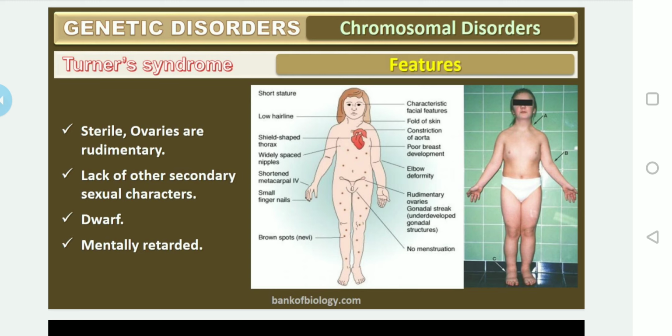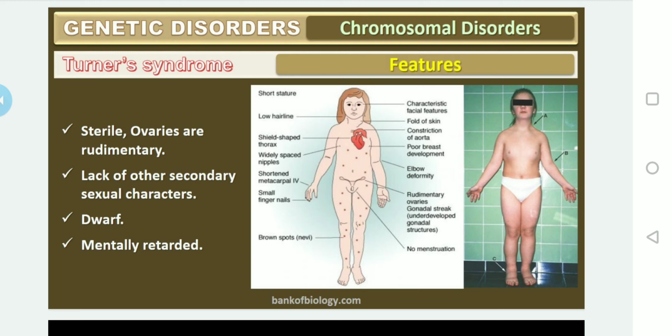So this is with respect to the chapter, the principles of inheritance and variation. In this chapter we discuss various things from the beginning. In the beginning we discuss Mendelian hybridization experiments.